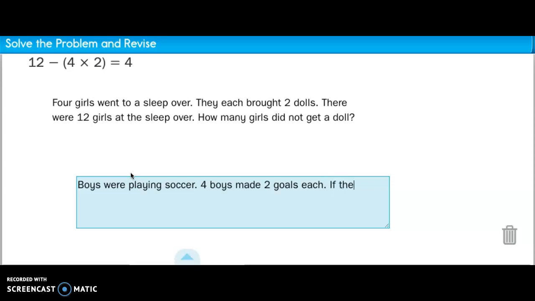If the team wanted to make 12 goals, how many more do they need?